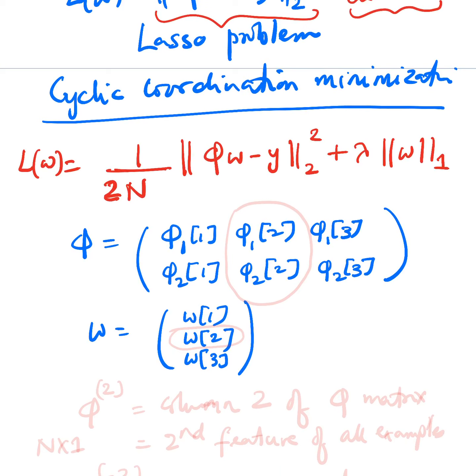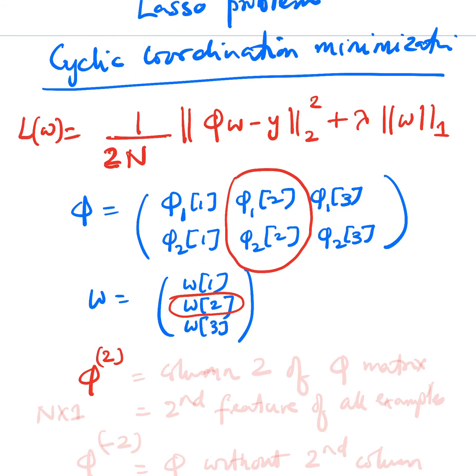And suppose I want to optimize over this W2, keeping W1 and W3 fixed, right? So remember, W2 will only be multiplying the second feature of all the examples, right? So I can say, let me call phi of 2 the second column.